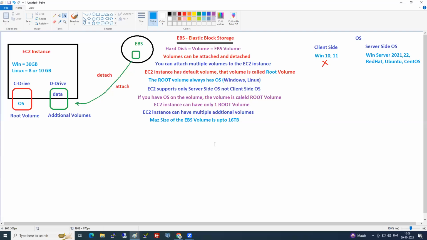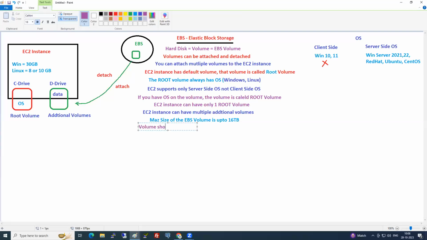Maximum 16 terabyte. So volumes are pre-provisioned: create 50 GB or 500 GB, maximum 16 TB.